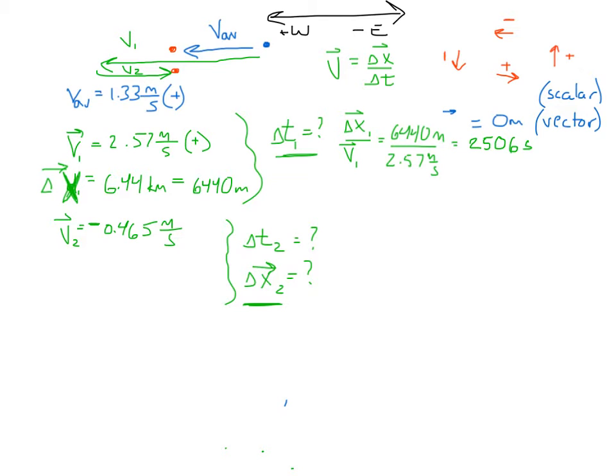That's like 2/3 of an hour, like 40 or 45 minutes. We can solve that because we know the velocity 1 and the displacement 1. We can't do that for part 2 because we know the velocity, but we don't know the time and we don't know the displacement, but that's okay.